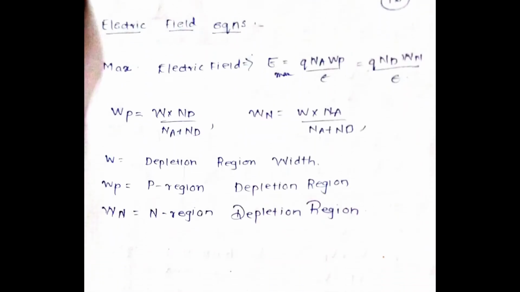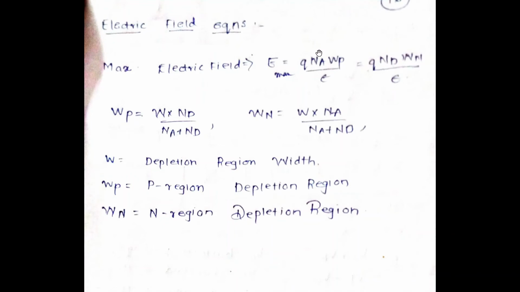Next, we have the electric field equations. The maximum electric field is given by q into Na into Wp upon epsilon, or q into Nd into Wn upon epsilon.